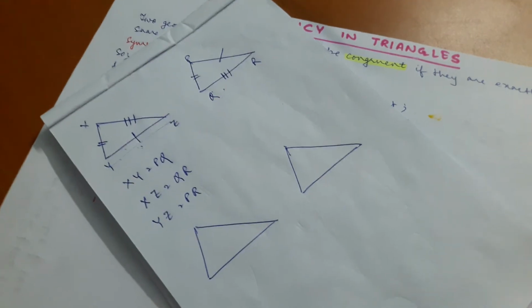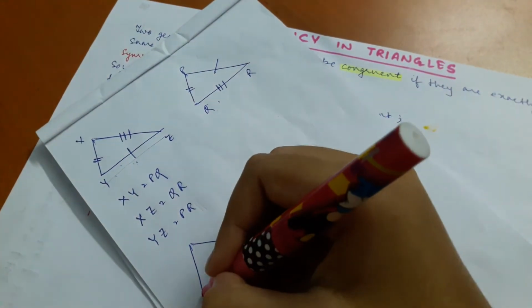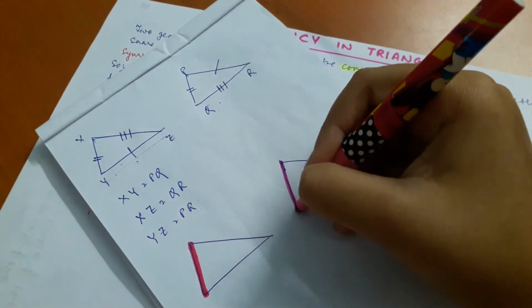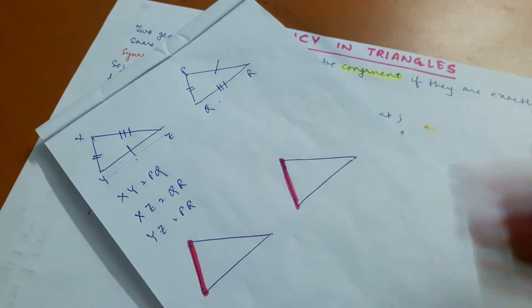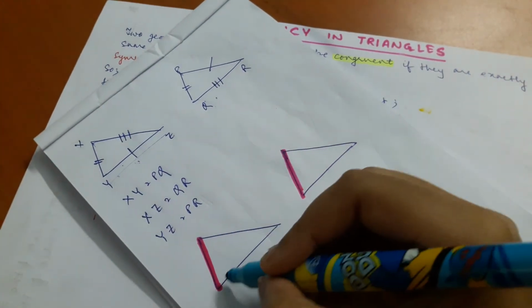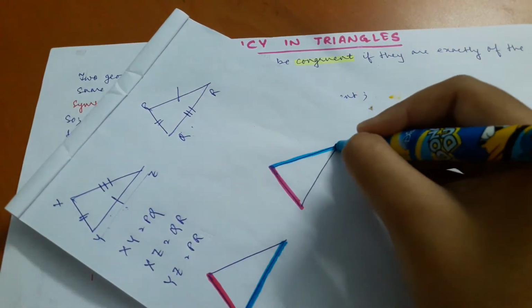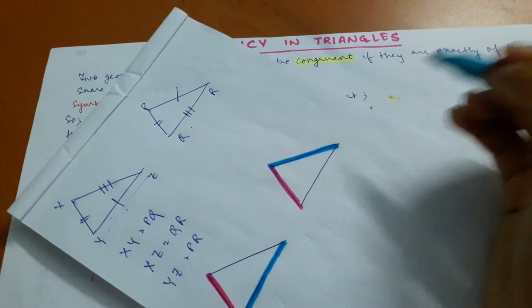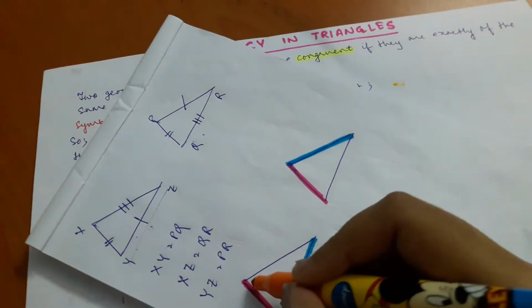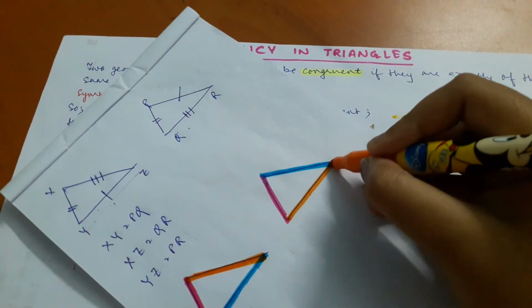For your better understanding, I can show it with colors. What I'm trying to say is, this side of this triangle is equal to this side of this triangle. See, these two pink lines. In the same manner, this side is equal to this side, and in the same manner this side is equal to this side.